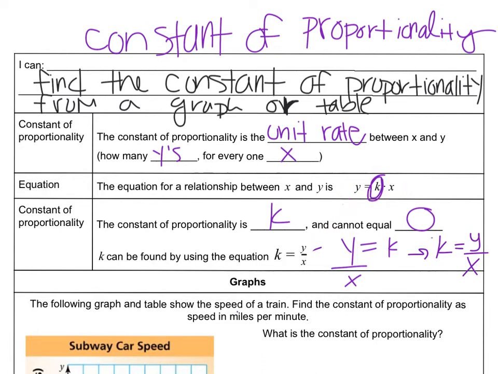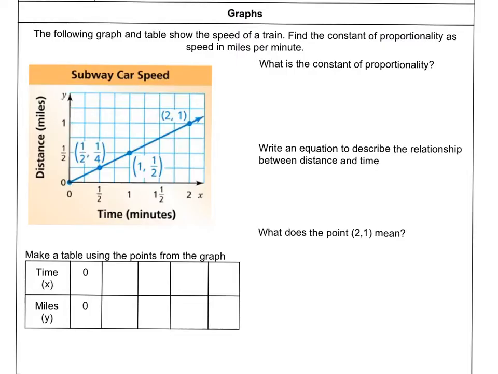Okay, so how do we find all that? What does that look like? The following graph and table show the speed of a train. Find the constant of proportionality as speed in miles per minute. So it's basically just unit rate. The first thing I want to do is make a table using the points from the graph.